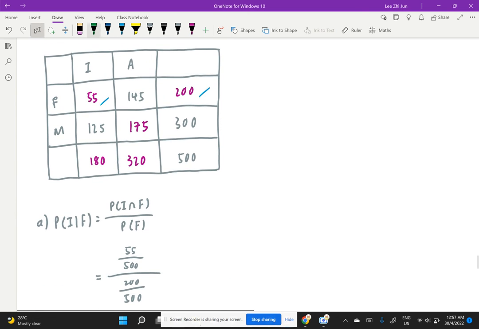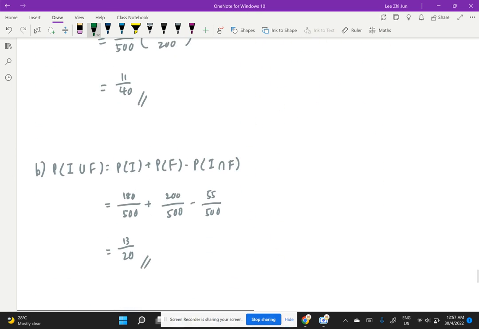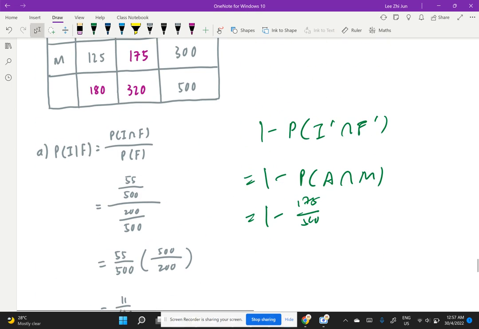Or you can just do 1 minus P(I' ∩ F'), which is P(A∩M), so we'll get 175 over 500, also the same as 13 over 20.